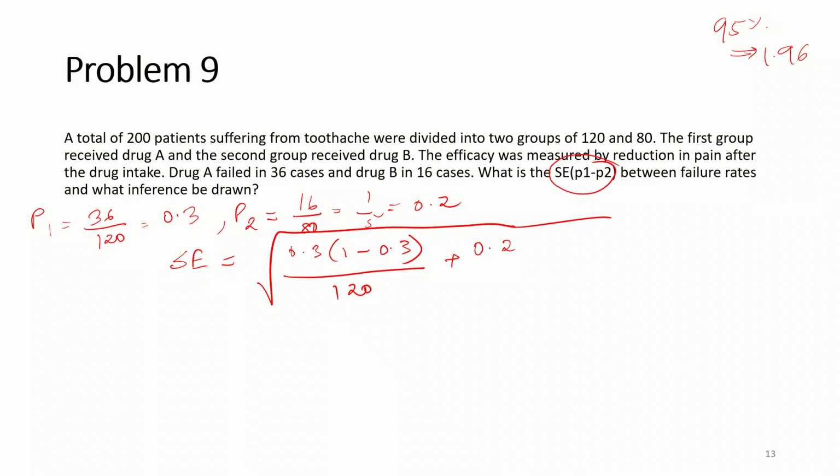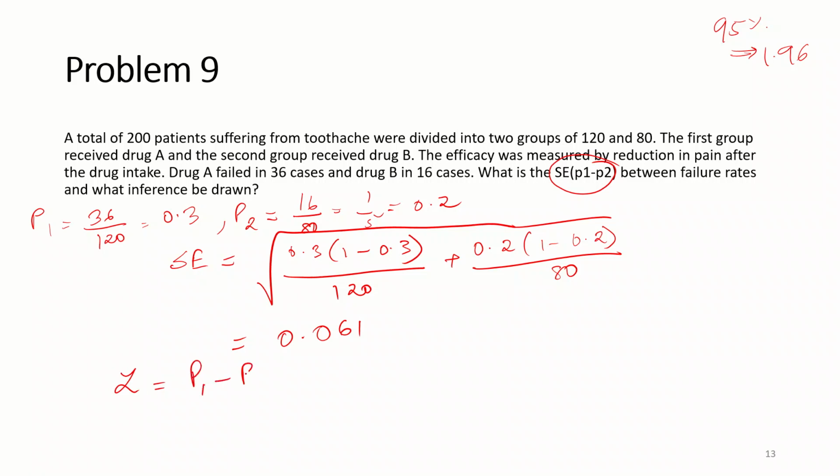Root of P into bracket 1 minus P by N, divided by 80. So it will come around 0.061.